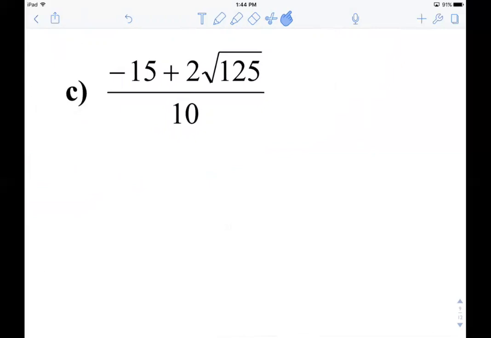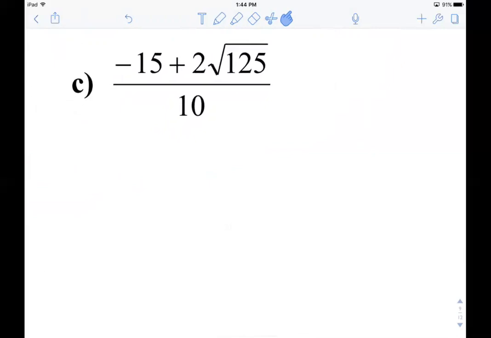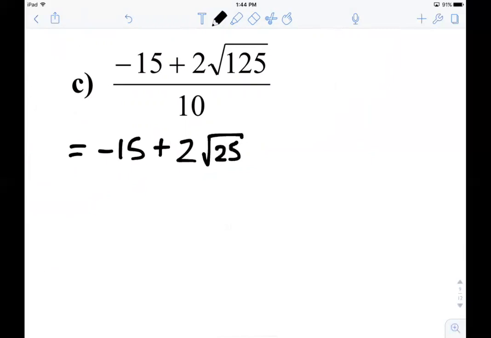So now, once again, we'll follow the same steps, and that root of 125, that radical, we're going to try and break that down first, and then do common factoring or anything else we can from there. So this is going to be 2 times, I'm going to break it down into root 25 times root 5.